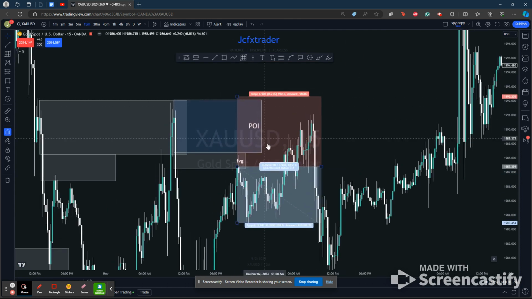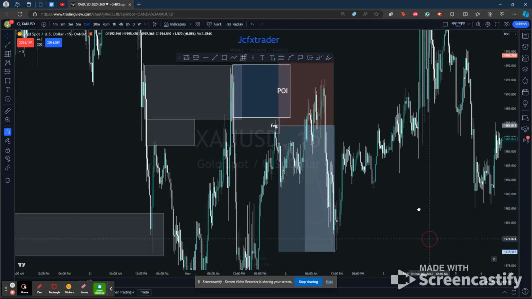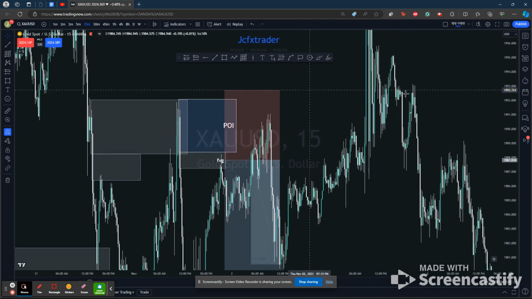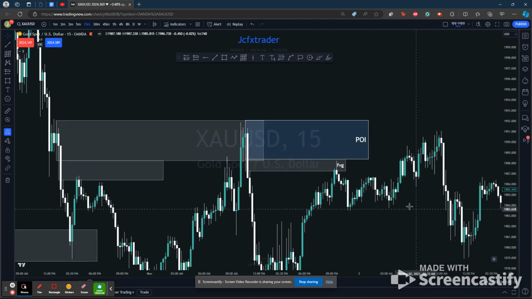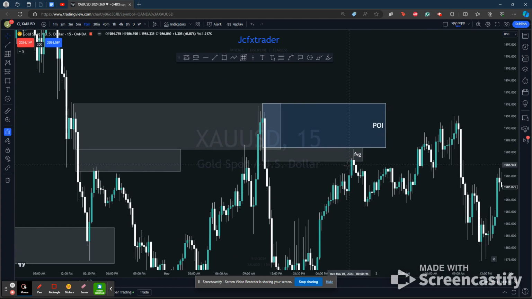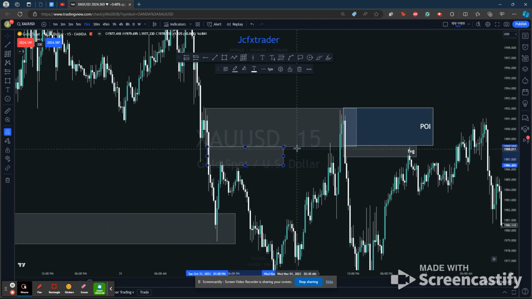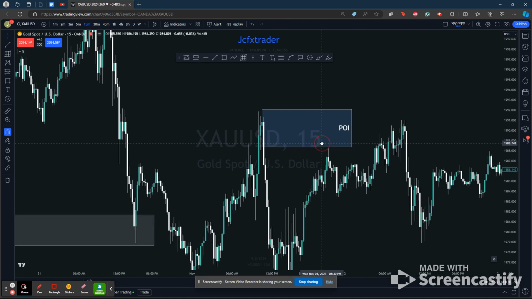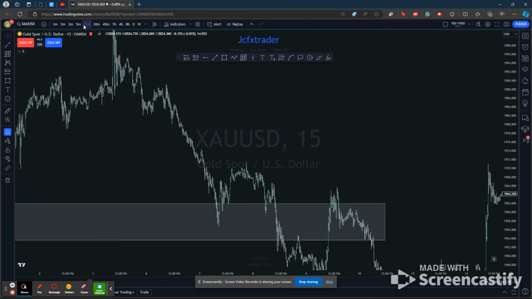If you want, you could also keep it going all the way till the end, but in this case, it never reached the lows, and you would have been at break even. That's why, although these confluences are paired together, it's not always 100% guaranteed on the trade. In trading, it's all about probability.